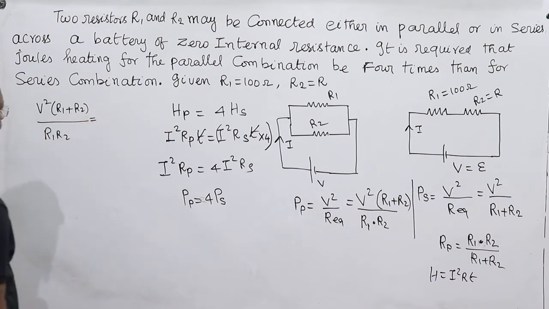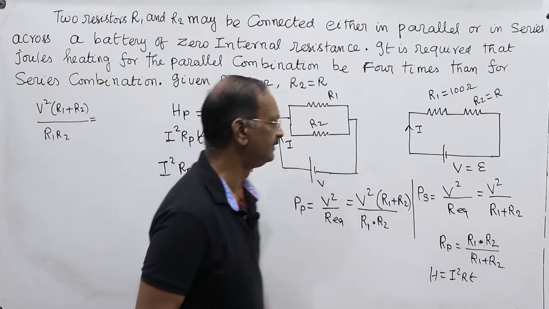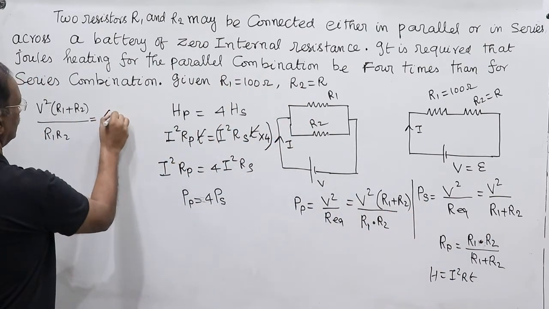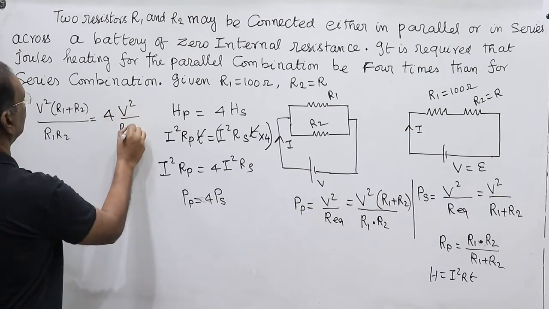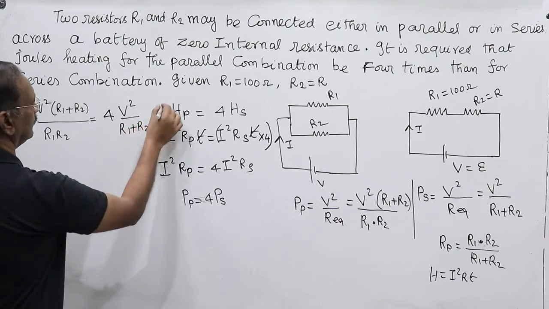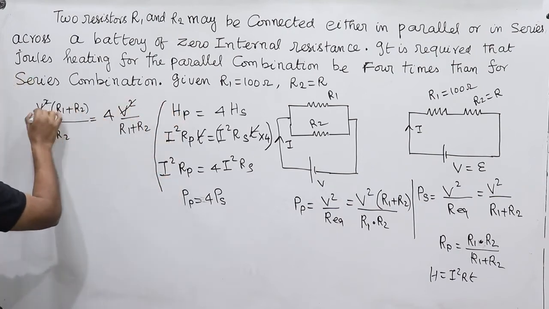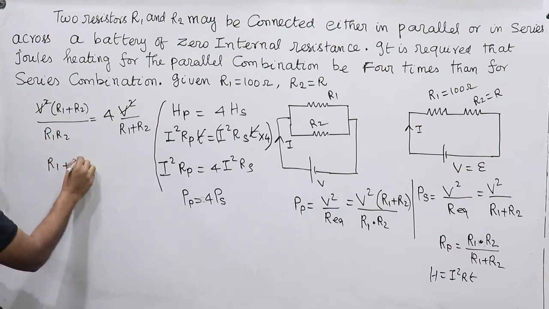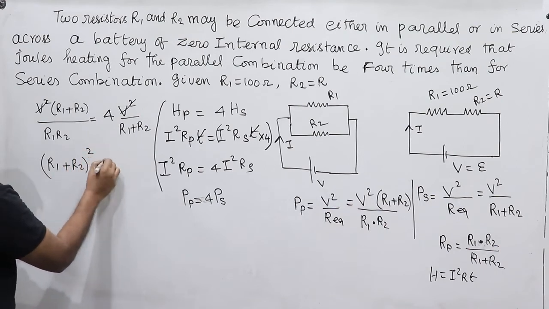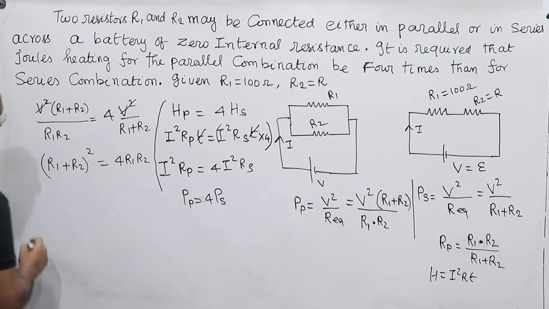This is the power in parallel, and power in series is equal to V square divided by R1 plus R2, taken 4 times. So we can cancel this and this. R1 plus R2 squared, on cross multiplying, is equal to 4 times R1 into R2.